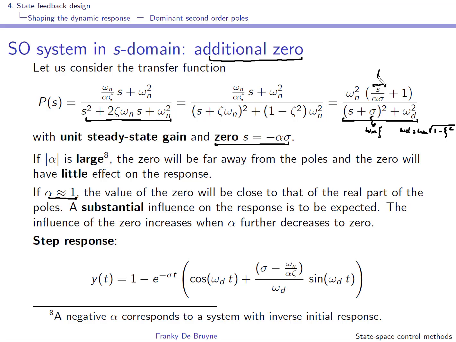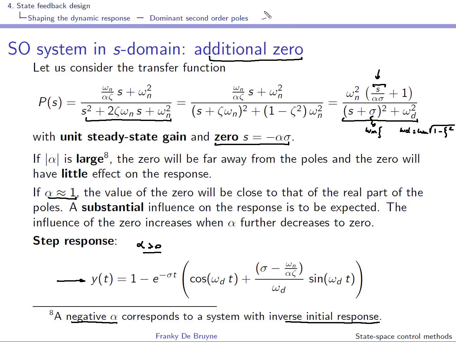So what we'll do in the next two slides is use the expression of the step response to look at the influence of alpha. We'll consider two cases: alpha positive, and then alpha negative. And we will see that this corresponds to a system with an inverse response.